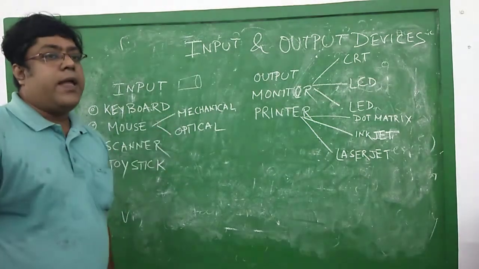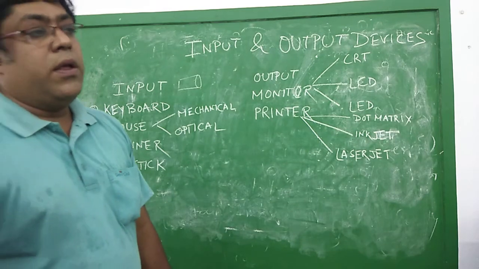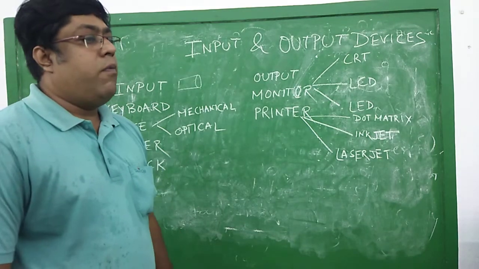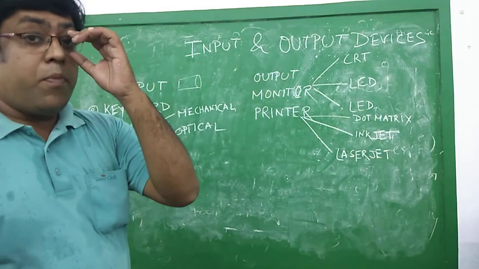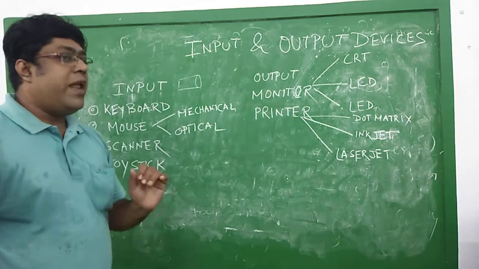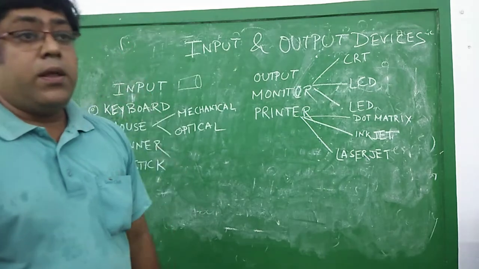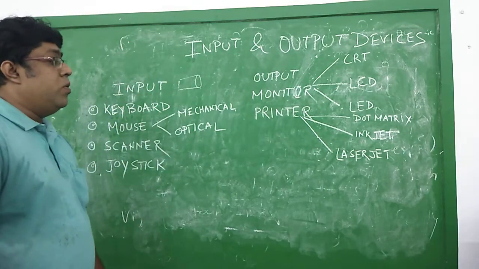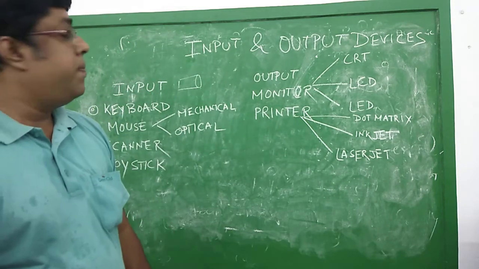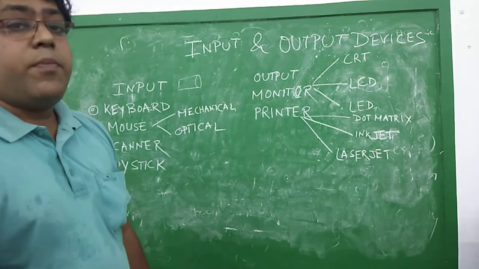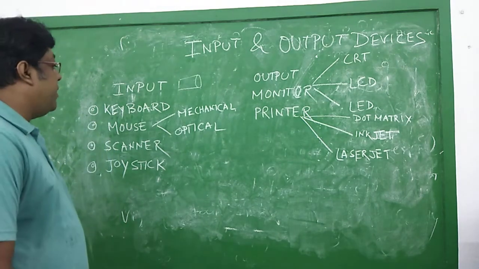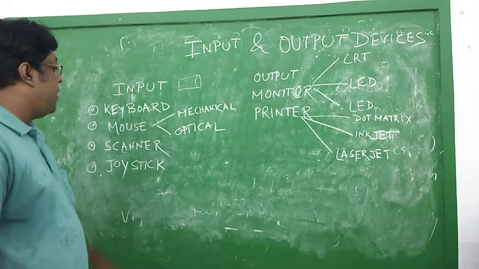In case of mechanical mouse, this type of mouse is also known as a ball mouse. One ball has been given over there, and as per the rotation of the ball, the cursor movement on our desktop is controlled by the particular ball.